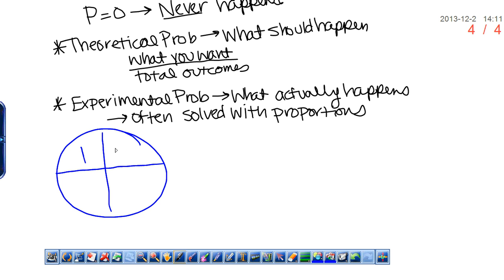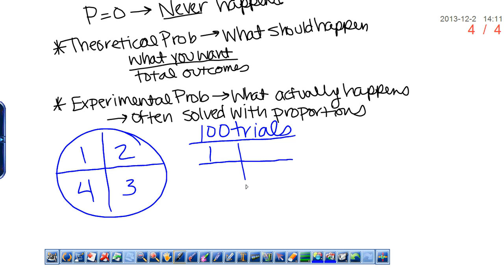Let's say I have a spinner. In 100 trials, I got 1 37 times, I got 2 20 times, I got 3 30 times, and I got 4 13 times.